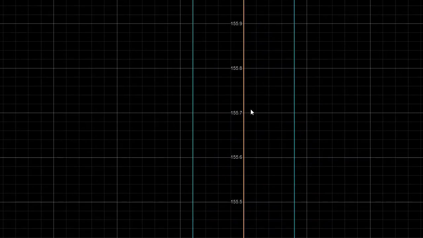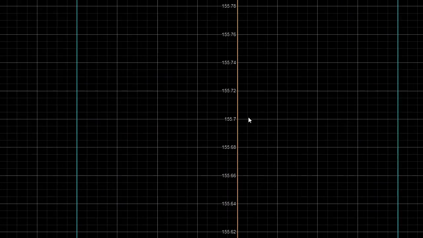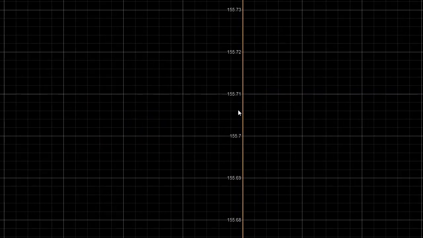In fact, I can zoom in as close as I want, and well, this line right here is 0.0001. So we have to get within a domain of 0.0001 before we can even see the orange line off the axis.